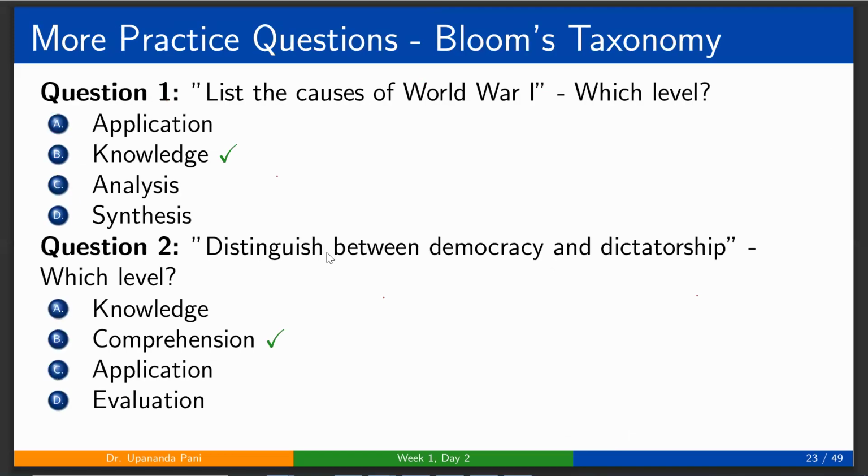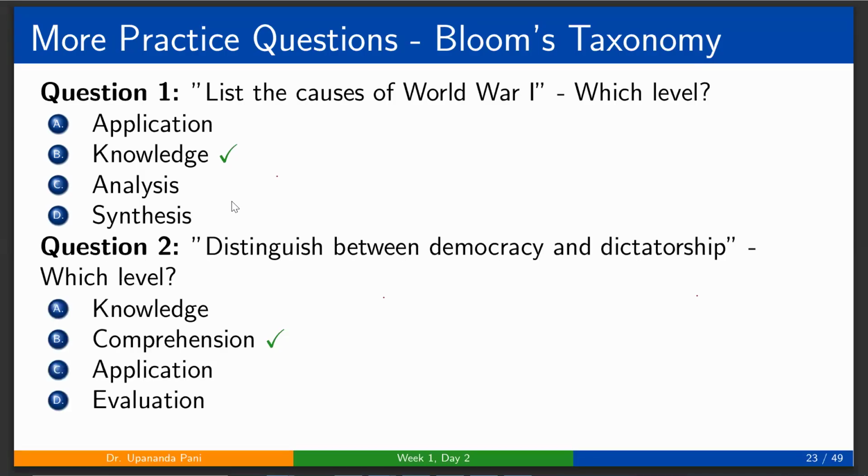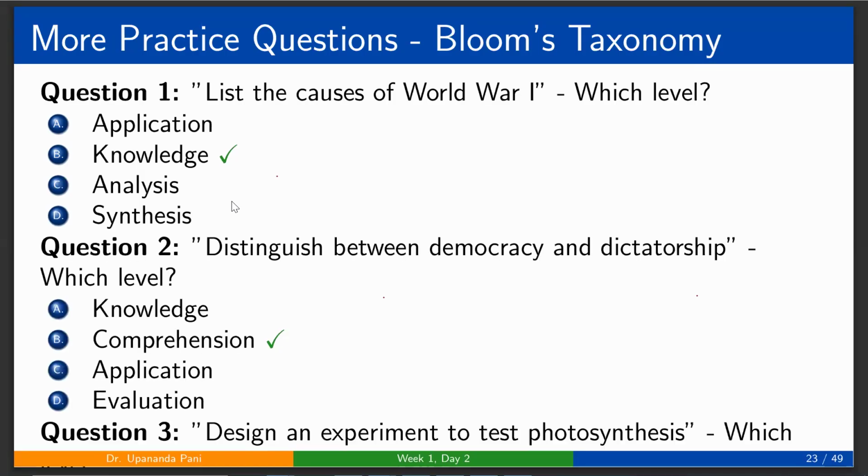Now similarly, next question: distinguish between democracy and dictatorship. Which level is it showing? Knowledge, comprehension, application, evaluation. Obviously you are asking them to distinguish. If you remember this table, distinguish, discrimination, this mental approach refers to comprehension.